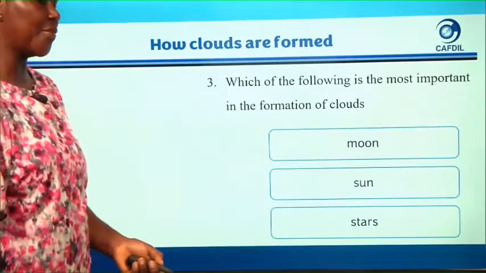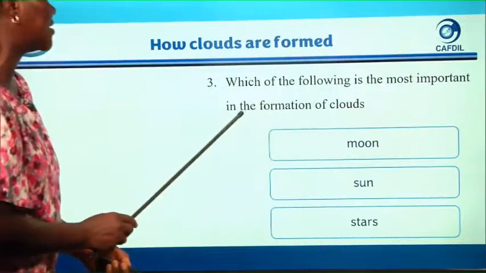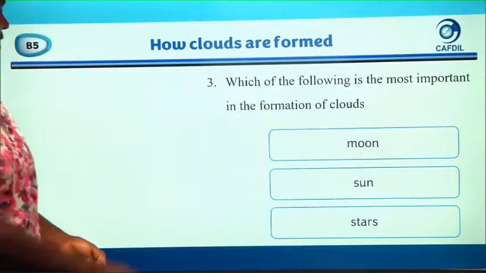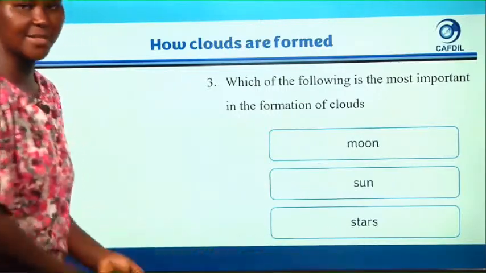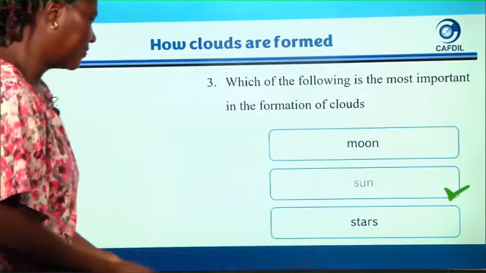Question number 3. Which of the following is the most important in the formation of cloud? Moon, sun, stars. Which one? The sun.